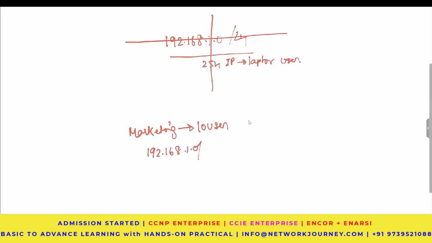So subnetting is a concept where, of the 254 IPs, let's say 10 to 15 IPs are reserved for the marketing team. Similarly, within the same office premises, there is a sales team and they happen to have 25 users.